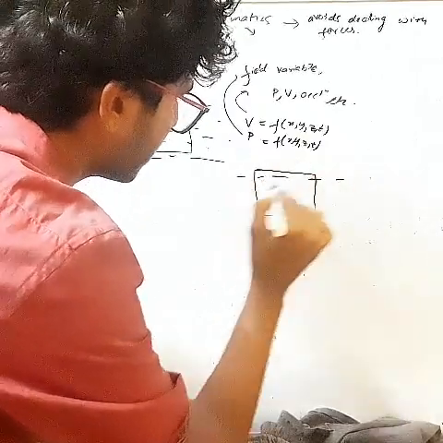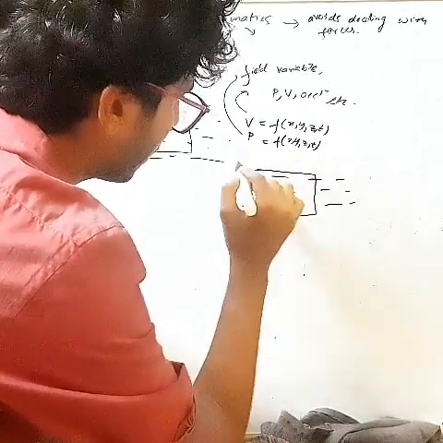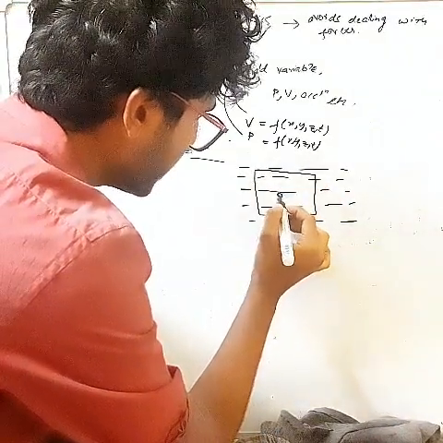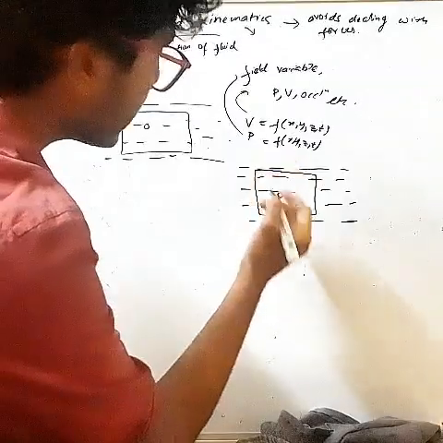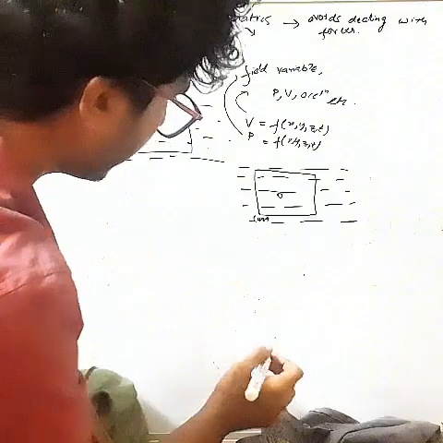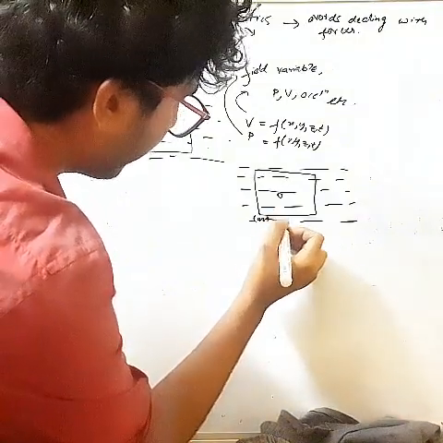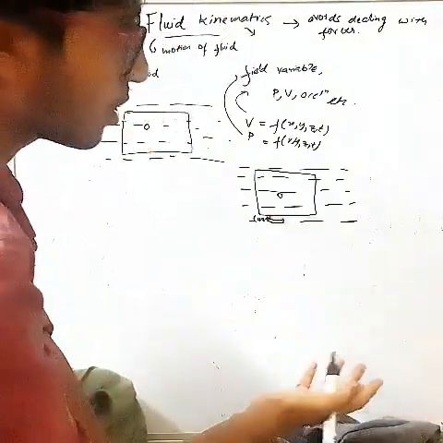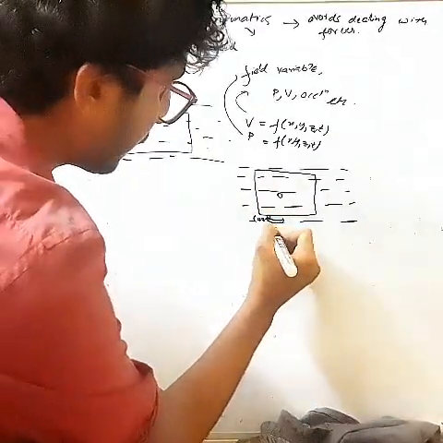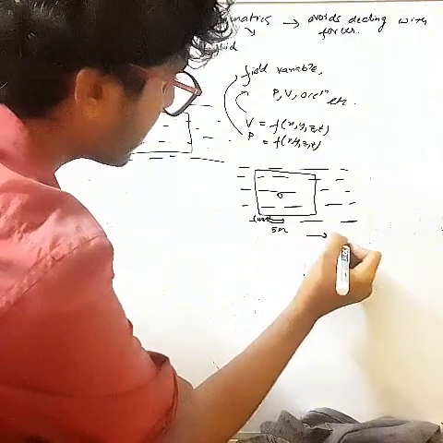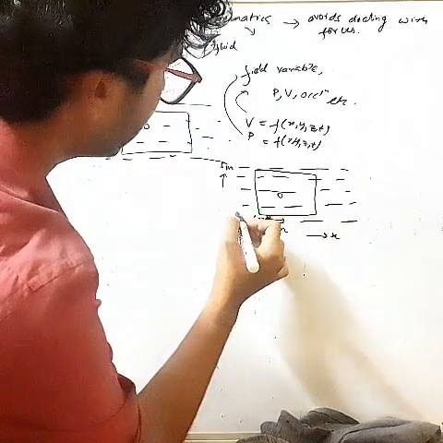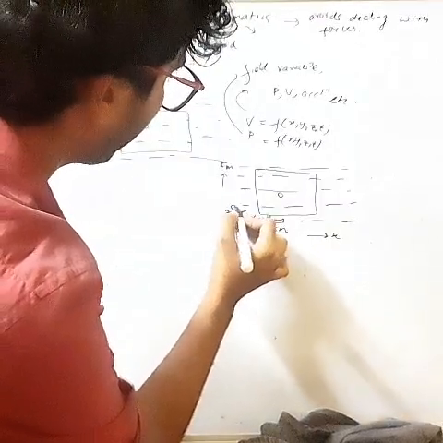Suppose this is an elementary volume of fluid, and here is a particle. If I take this as the origin, it is 5 meters along the x-axis, 5 meters along the y-axis, and 5 meters along z. Of course it's not going to be 5 meters because it's elementary, I'm just taking an example.